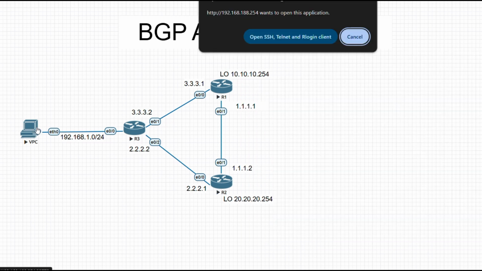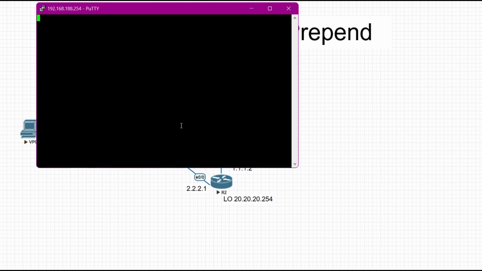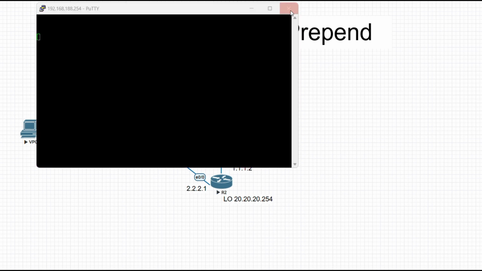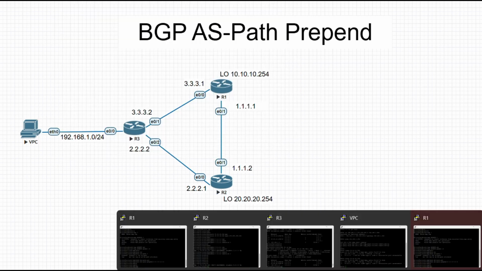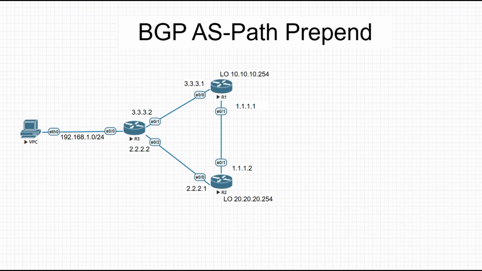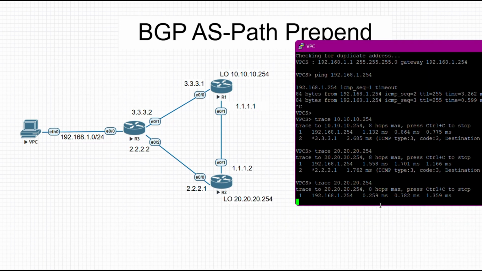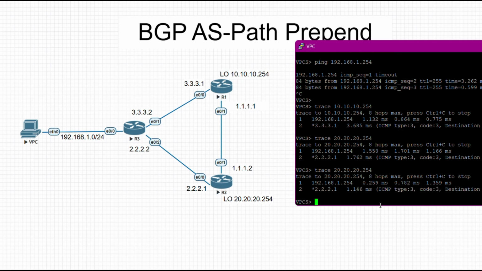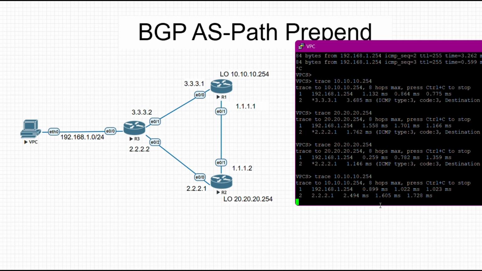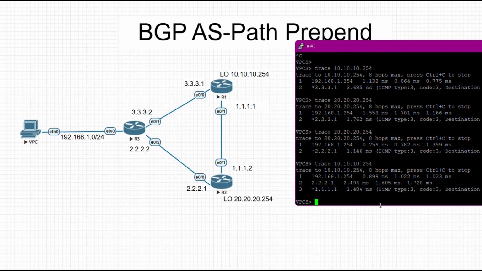So let's go ahead and try to trace from our VPC. Let's do a trace to 20.20.20.254. Of course, it would go to 2.2.2.1. For 10.10.10.254, it's going to 2.2.2.1 also. So thank you. That's it, guys.